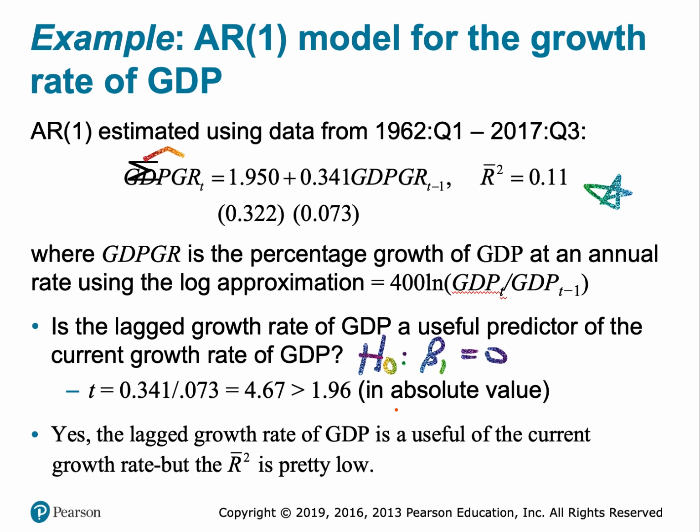And so we reject this null hypothesis. We conclude that yes, the lagged growth rate of GDP is a useful predictor of the current growth rate, but the R squared is still pretty low. So we're not predicting much of the growth rate. We're not explaining a lot of the variation in the growth rate.